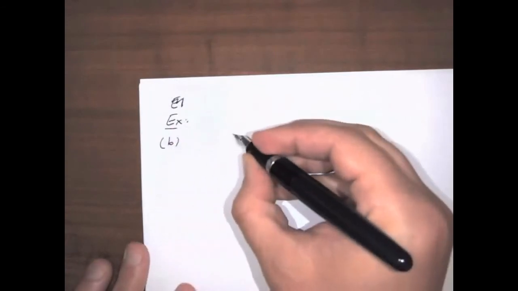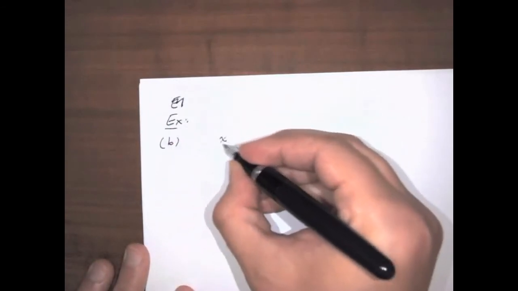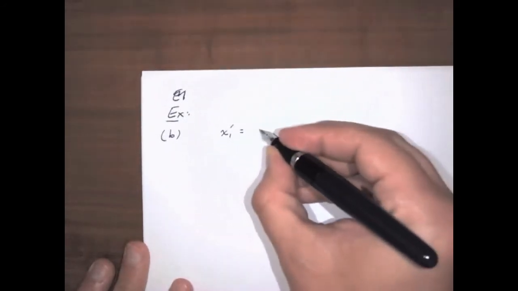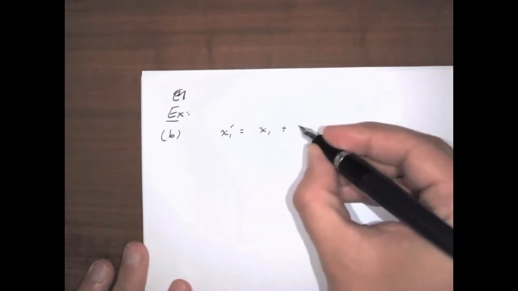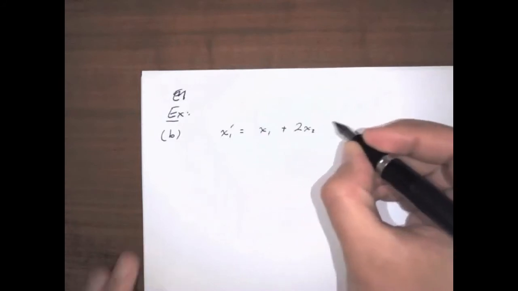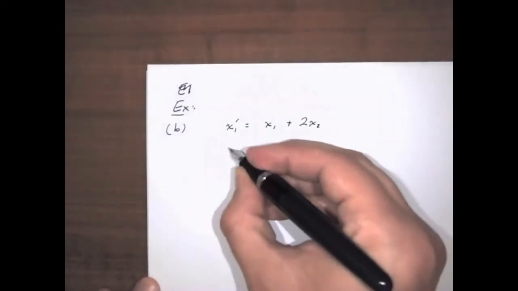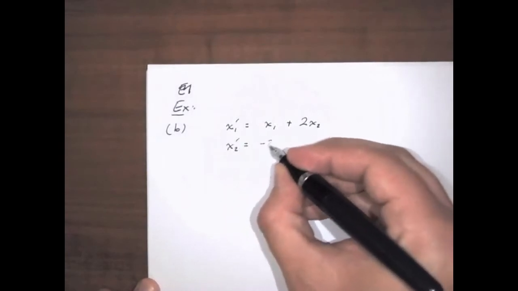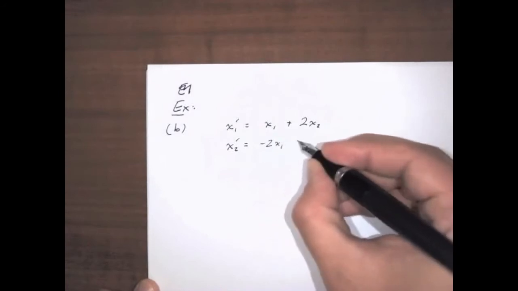So this one will be an initial value problem. We'll say x1 prime is equal to x1 plus 2x2. x2 prime is going to equal negative 2x1 plus 5x2.